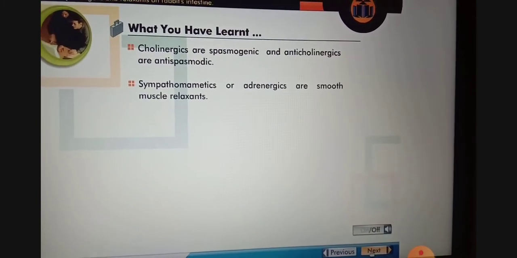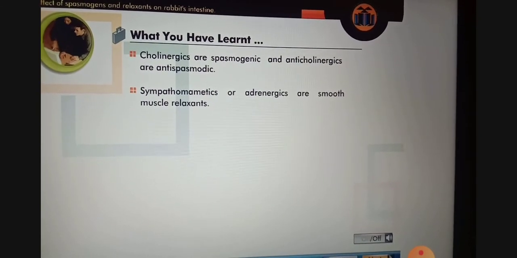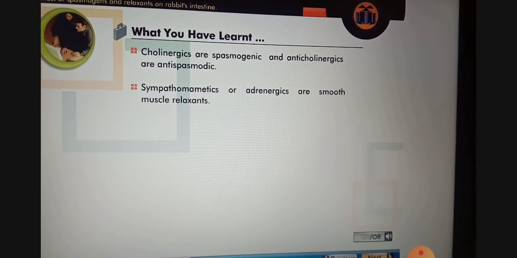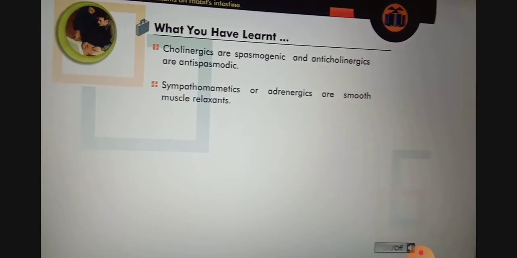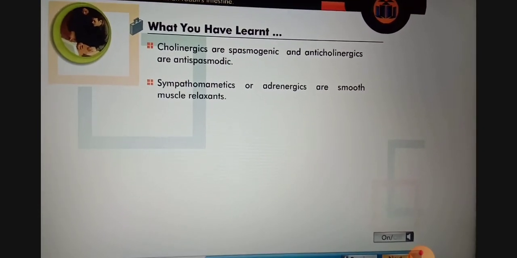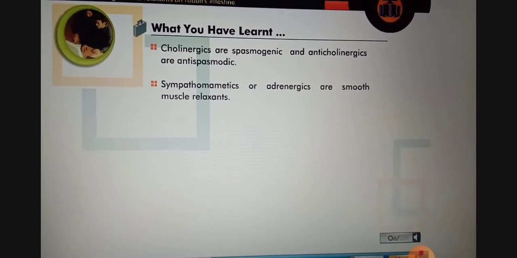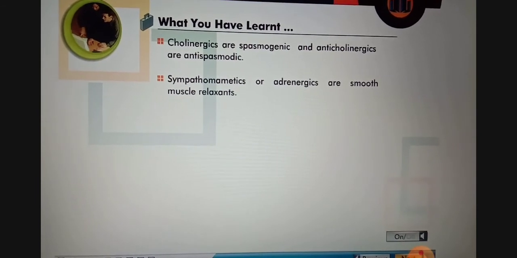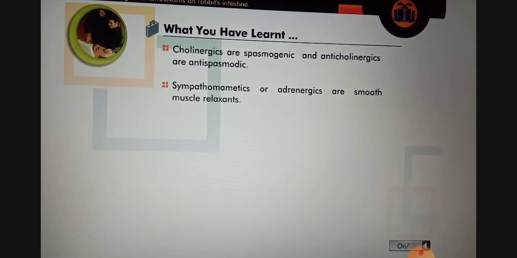You have learned that cholinergics are spasmogenic and anticholinergics are antispasmodic. Sympathomimetics or adrenergics are smooth muscle relaxants. So by observation, what we have concluded is that acetylcholine causes the contraction of intestinal smooth muscles of the rabbit, and atropine administered with acetylcholine produces the spasmolytic effect.